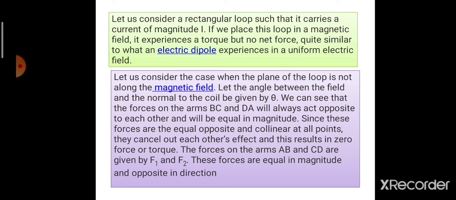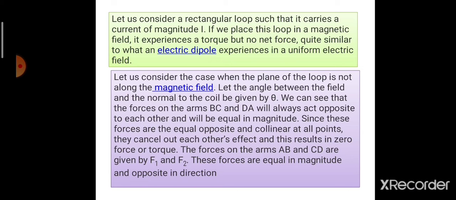Since these forces are equal, opposite and collinear at all points, they cancel out each other's effect and result in zero force or torque.